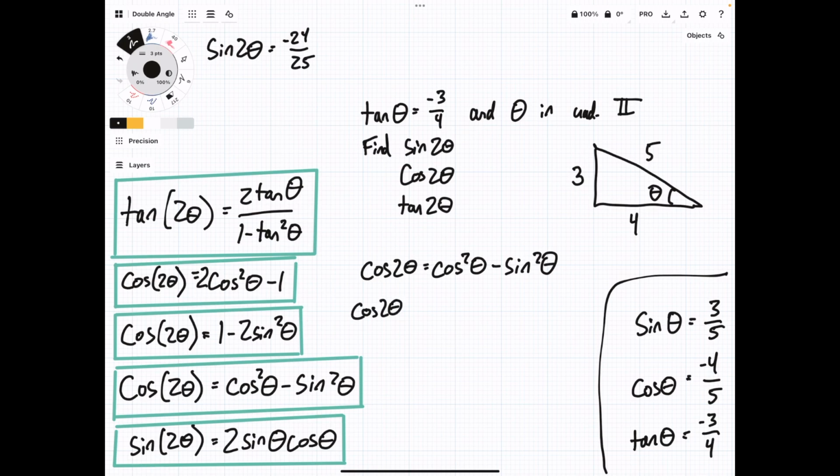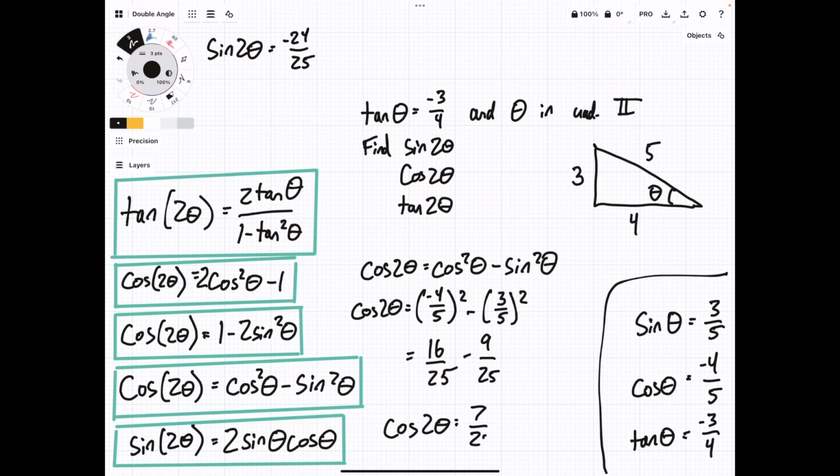Plug in our values for cosine and sine. So this is going to be negative 4 over 5 squared minus 3 over 5 squared. It's going to equal 16 over 25 minus 9 over 25 and we're going to get that cosine 2 theta is equal to 7 over 25. So answer 2.